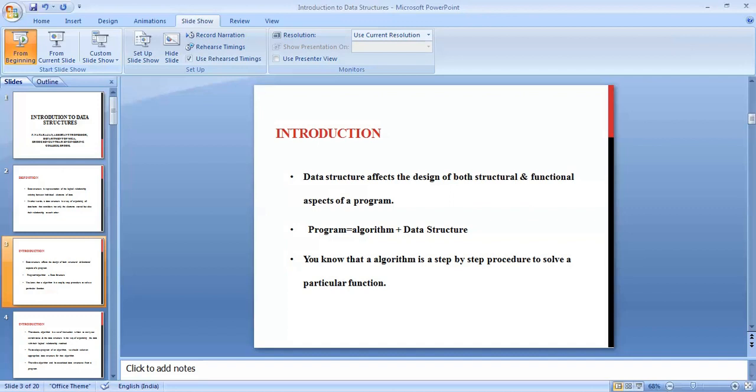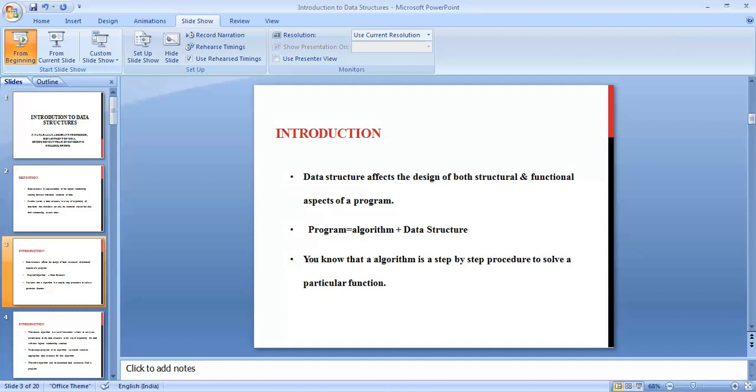Then we saw what data structures are there under primitive and under non-primitive. After that, we concentrated only on the array. In this presentation, we mainly concentrate on arrays. The syntax is using C language. I think it's very useful to you.